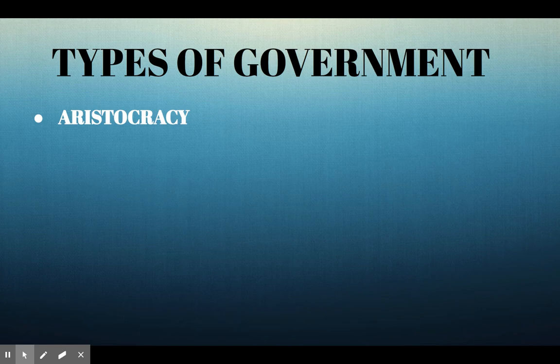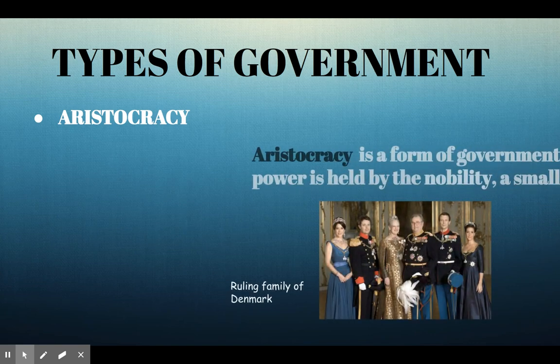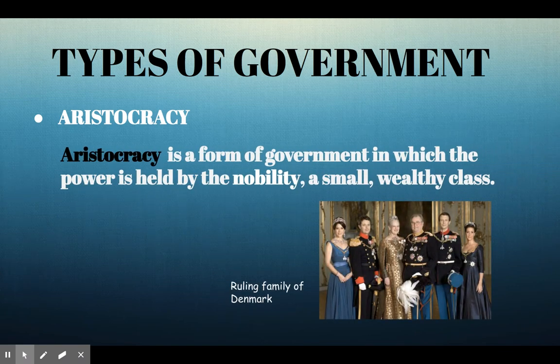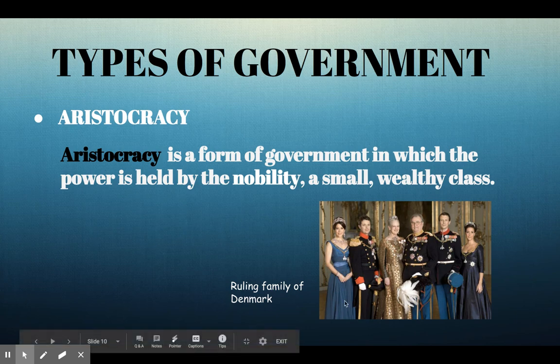All right, an aristocracy. An aristocracy is a government that is ruled by a small nobility, a small wealthy group of people. I've given you here, look at this lovely family. This is the ruling family of Denmark.